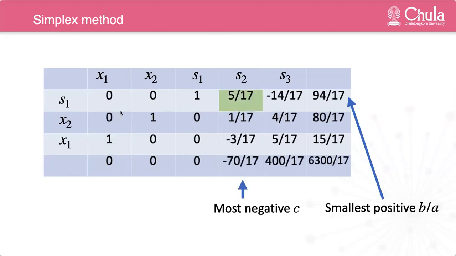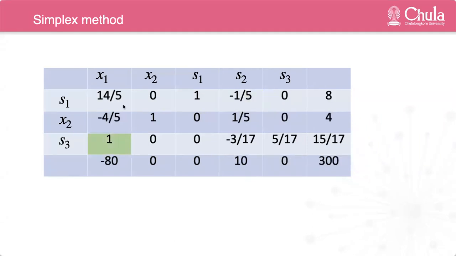And we transform the table again such that the coefficients here and here, also here, become 0 by using the same technique. Okay? For example, in order to make the first element 0, we multiply 14 over 5 to this row and then subtract the first row.